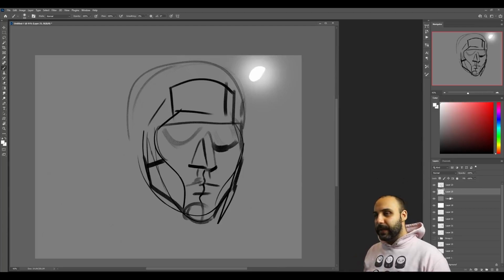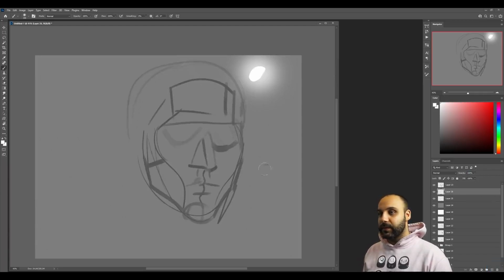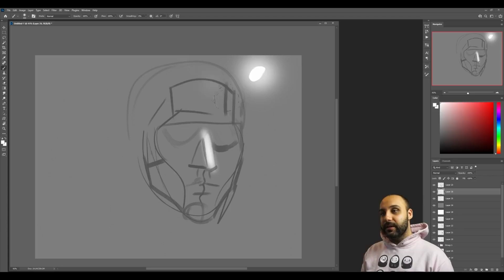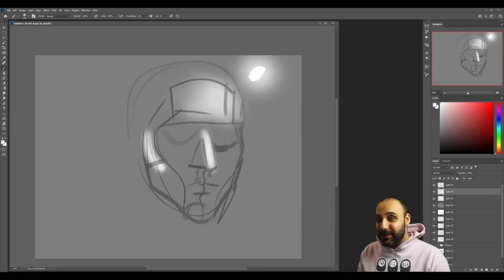In that case, we know the forms, and we know that the top sides that are aiming upward are going to receive light. That easy, right? And over here, the frontalis part of the forehead is going to receive light. And if we cast light over here, obviously this stuff is facing away. It won't receive light. It's going to receive light right here.